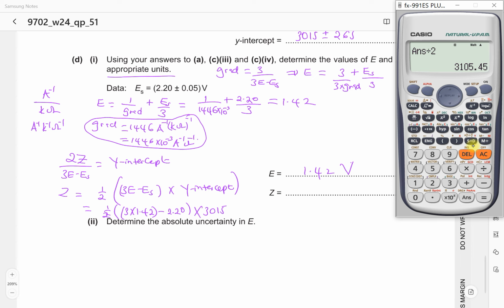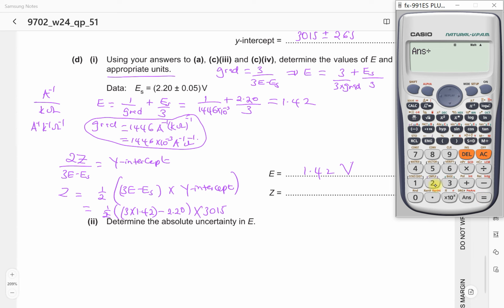Let me repeat it again. 3 times 1.42 is that, minus 2.20 is this, times 3015, which is that.